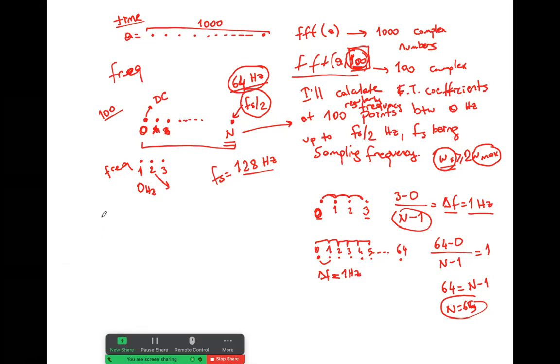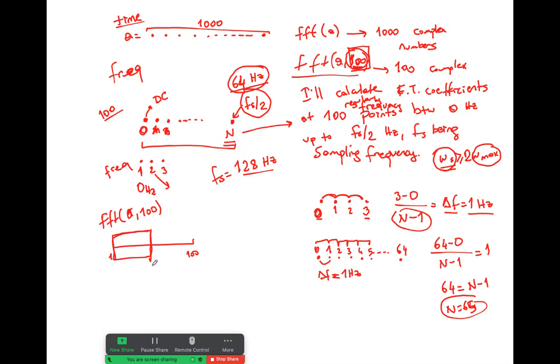If I write FFT of a like 100, what do I have? Totally 100 points, 1 to 100. What did I say? Only half corresponds to my frequency values. Only half.